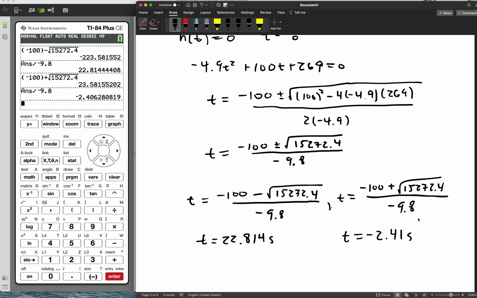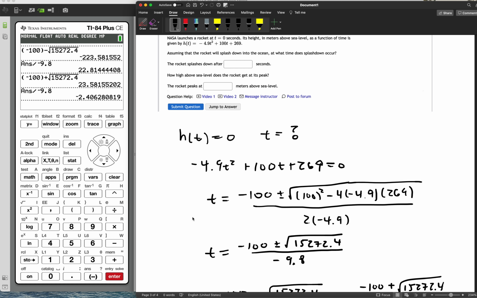Now we immediately disregard this second solution here, called an extraneous solution, because we're only dealing when time is 0 or positive, that is when time is non-negative. So that means that the rocket splashes down after approximately 22.814 seconds.